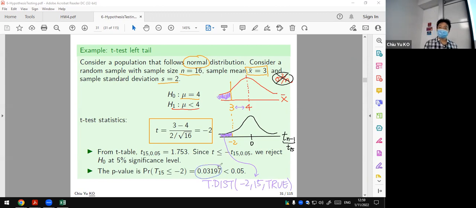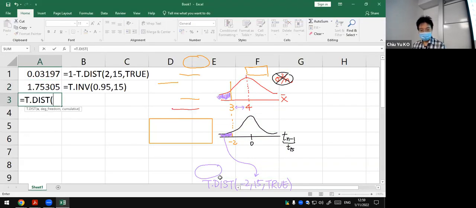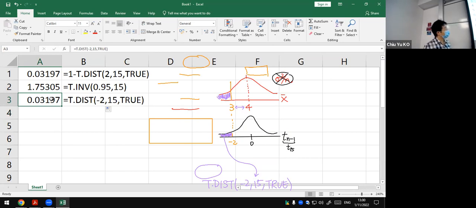I guess it's good to show you again in Excel how we get the 3% here. It's T.DIST, -2, 15, TRUE. So that's how I get the 3%. You should know how to do it. Is that okay? How I get this number?